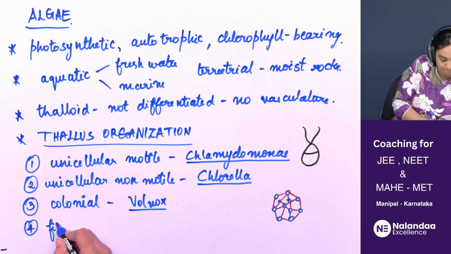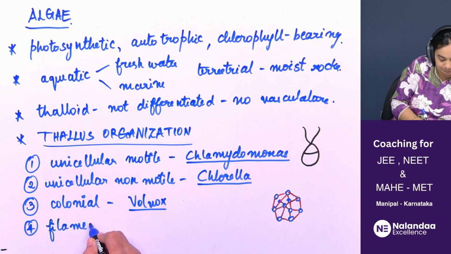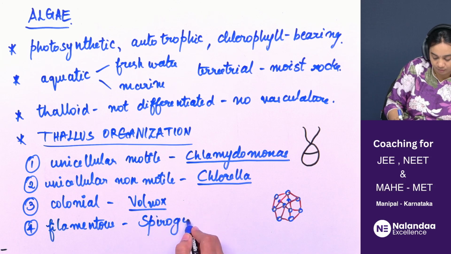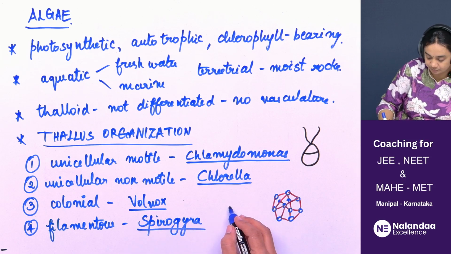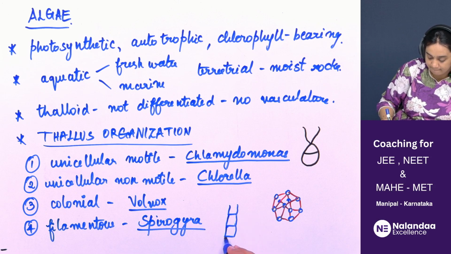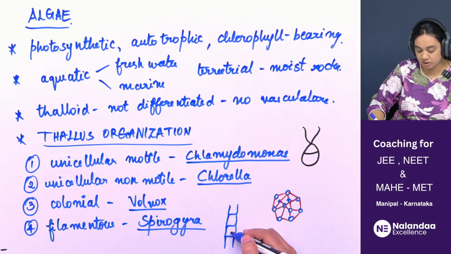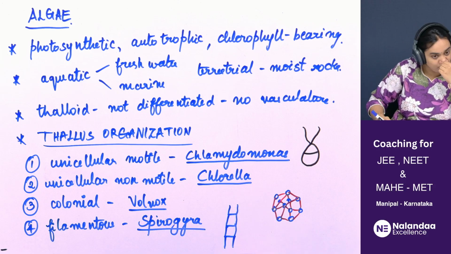And then we have filamentous thallus, example Spirogyra. So we have actual multicellular thallus. Each individual cell will form a chain of cells.